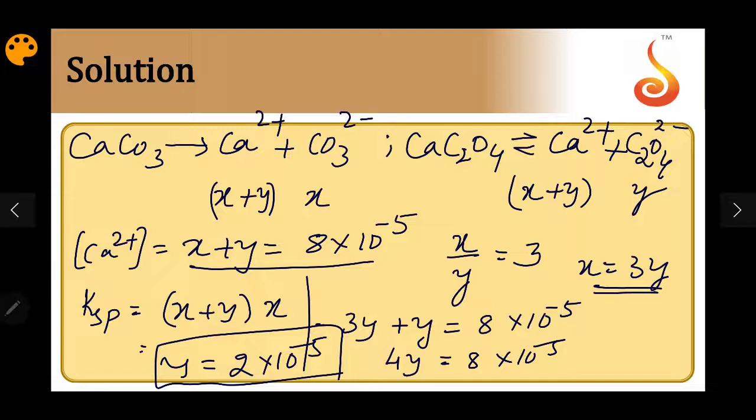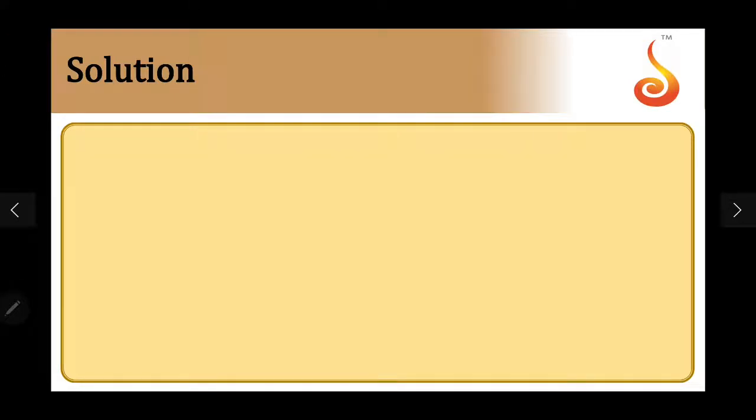Now if I go for Ksp of calcium carbonate, I'll go to the next slide. Ksp of calcium carbonate is (X+Y) × X. We know that X is 3Y.